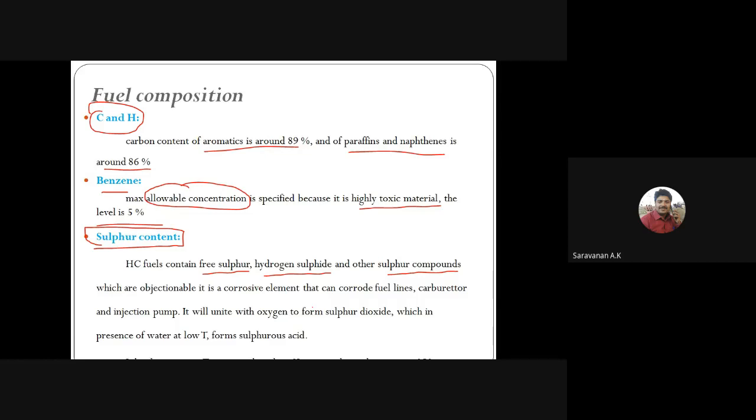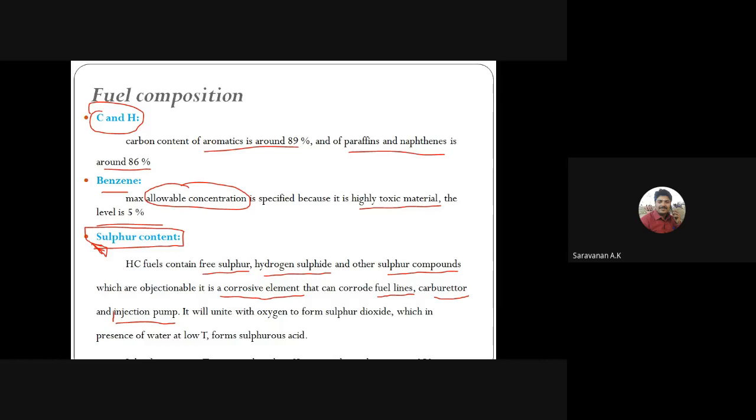It will create corrosion in the equipment and the parts. So it is a corrosive element which corrodes the pipelines, the fuel lines, the carburetor, and the injection pump, right?